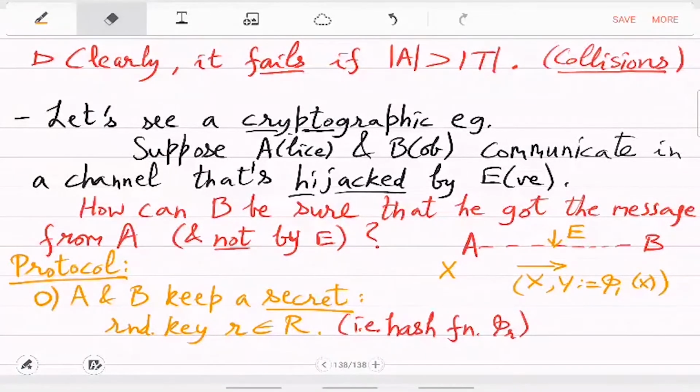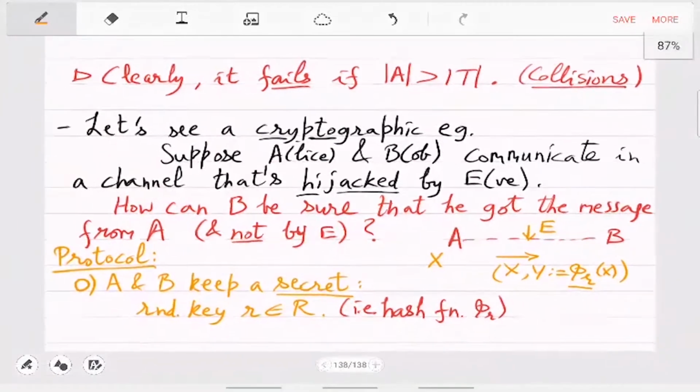Let me use phi r. So phi r is the important secret that A and B share, and think of it as a signature that B will see from A. Now, why would it work? We have to analyze that. So let's continue with the protocol first.